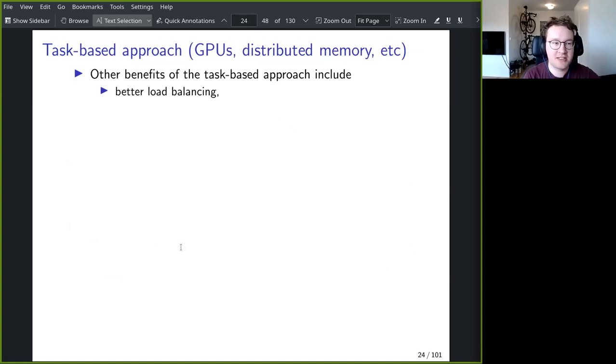So what other benefits of task-based processing are there? Let's repeat a bit. The first one is better load balancing, because you are not fixing the computations to specific CPU cores. You are allowing the runtime system to schedule the computations to the available cores dynamically. We can use task priorities to prioritize certain things.